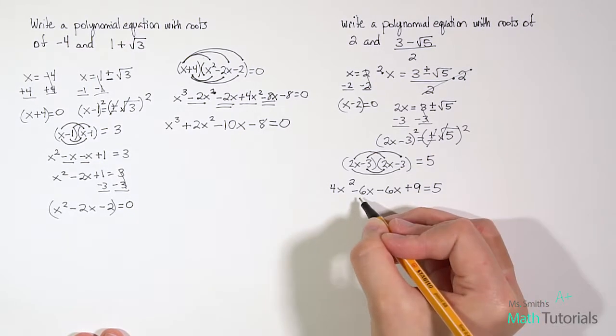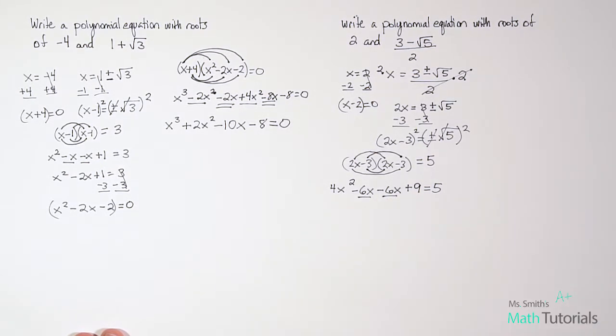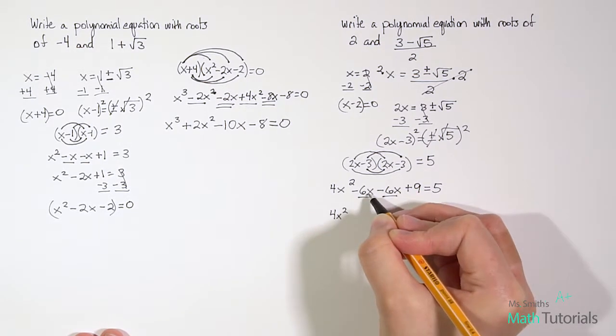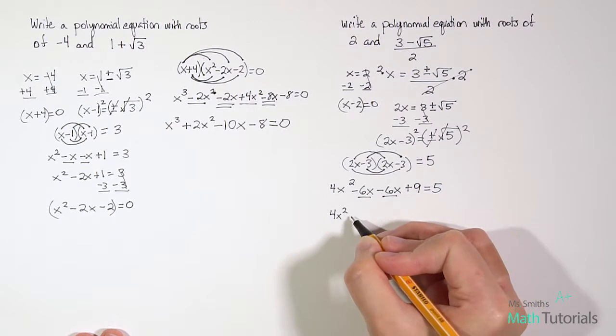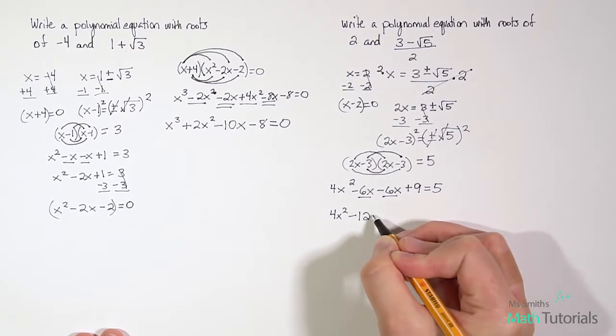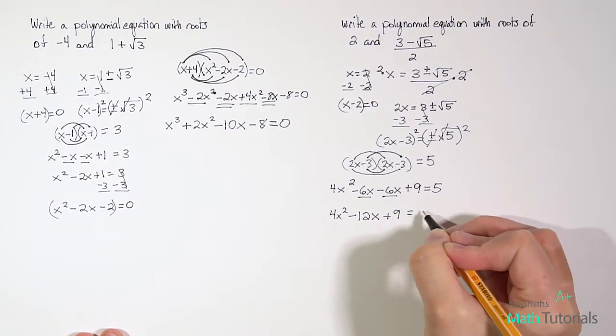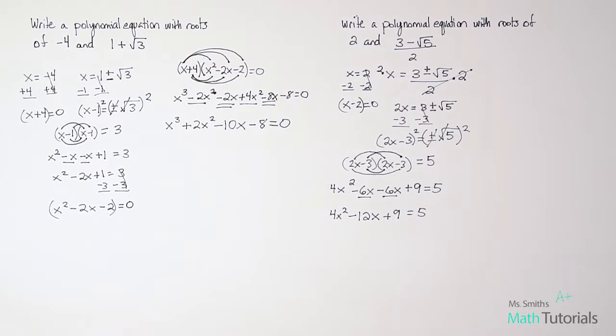Let's go ahead and combine those like terms in the center. So we've got a 4x squared, negative 6x minus 6x gives me a negative 12x. And then I've got this plus 9 equals 5. Now remember, we took a long detour there, but we're still on step 2. We are still trying to get this thing equal to 0.